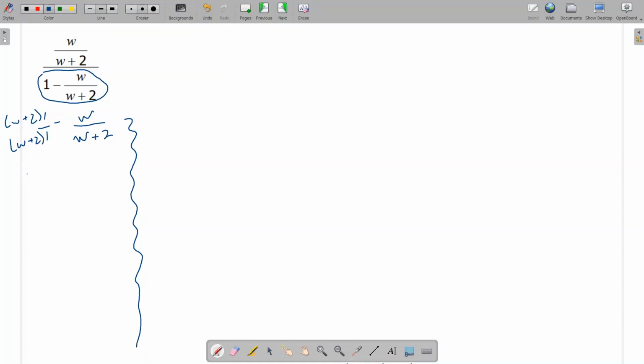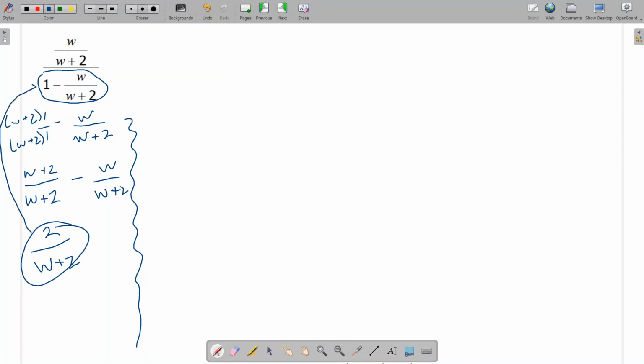So that fraction becomes w plus 2 over w plus 2 minus w over w plus 2. So if we actually subtract, it becomes 2 over w plus 2. So that's what we're going to use for our denominator here.